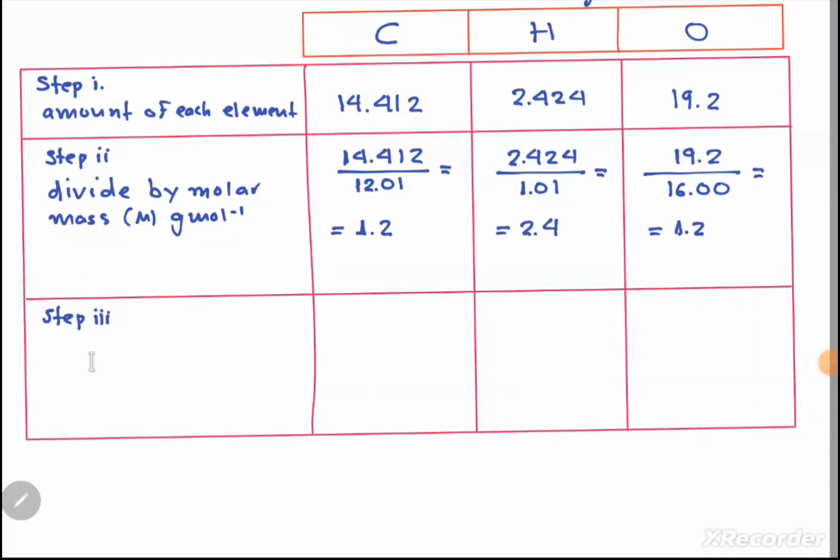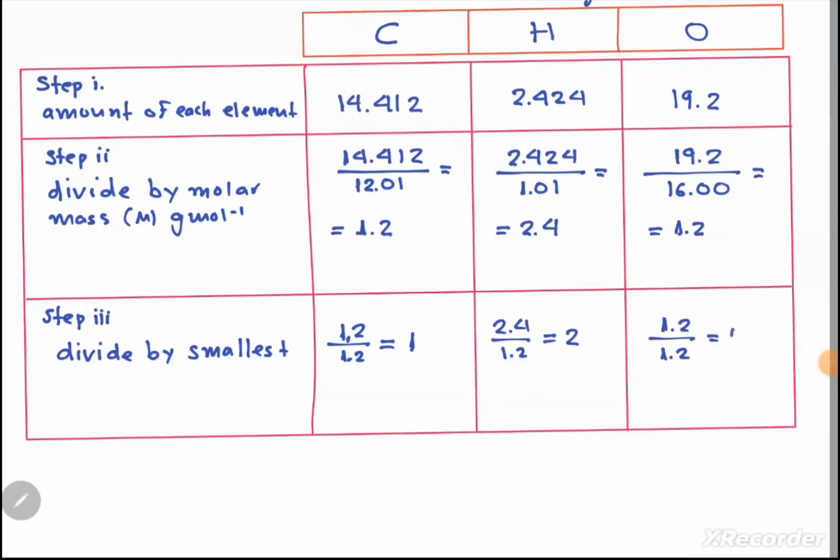Step 3. The results we found, each result divided by smallest. The smallest is 1.2, and we have the result is 1, the result is 2, and the result is 1 for oxygen.